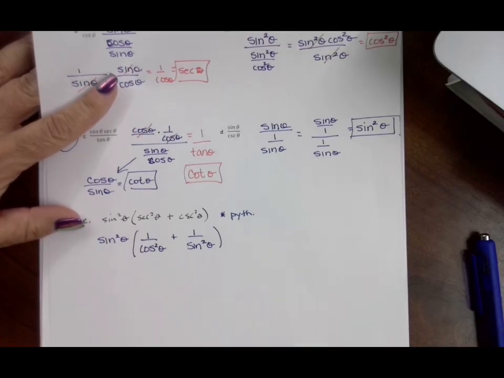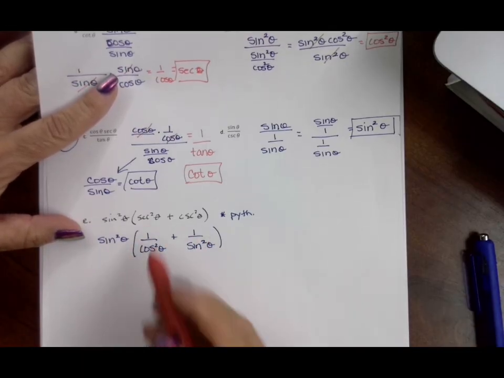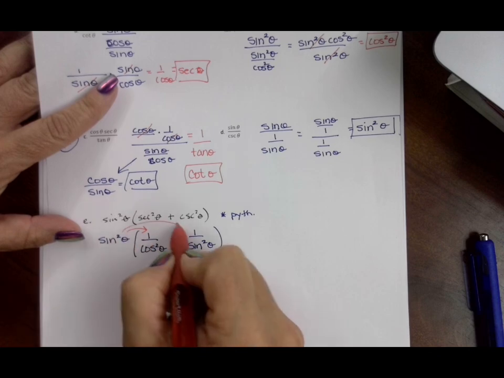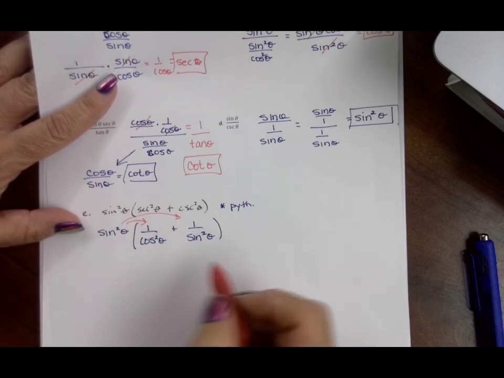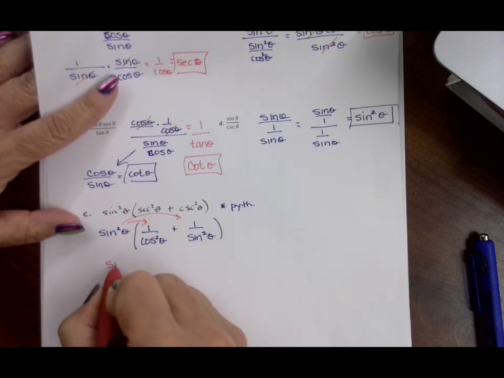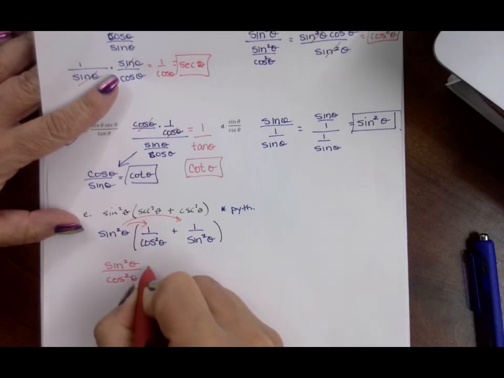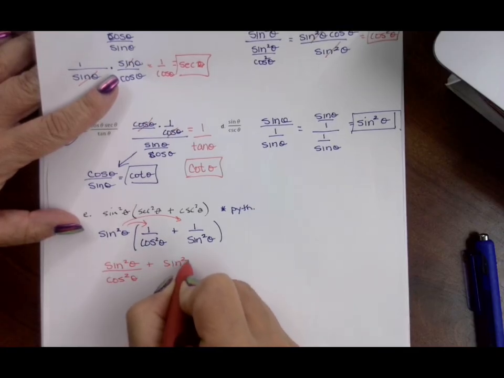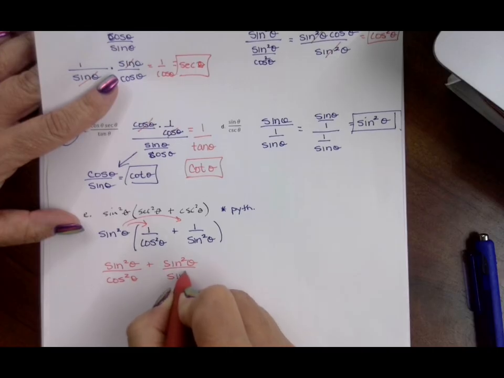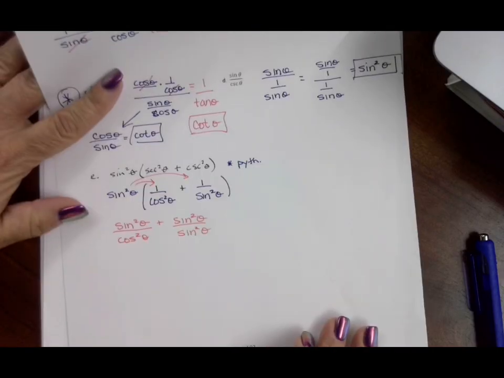All right, so now this doesn't look any more simplified, but what I'm going to do is distribute to everything on the inside. So if I distribute, I have sine squared over cosine squared plus sine squared over sine squared.